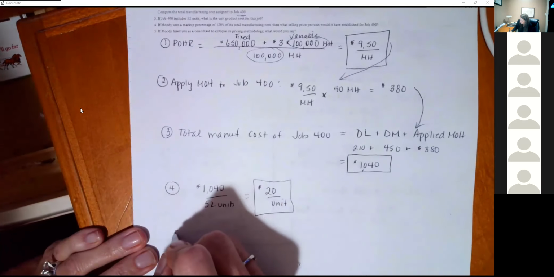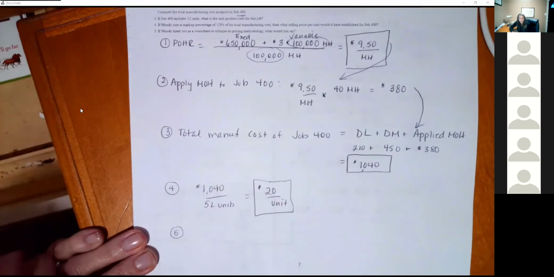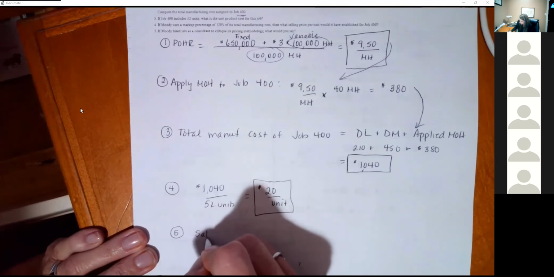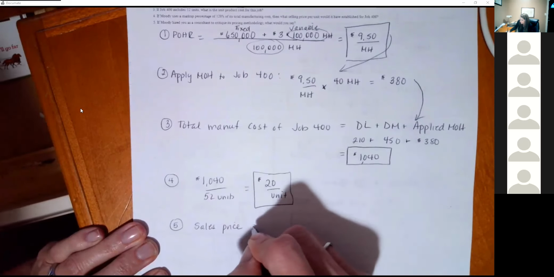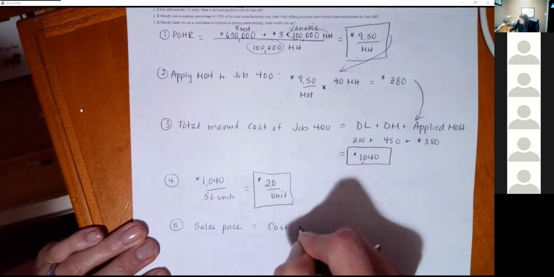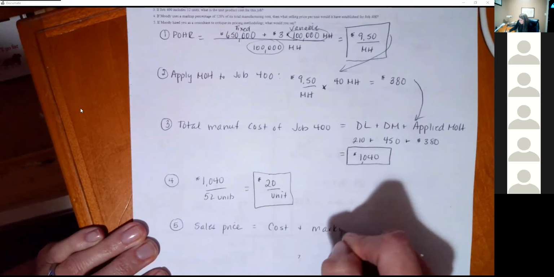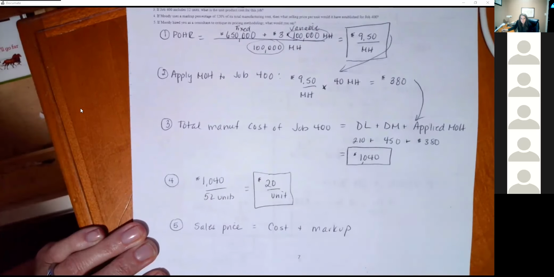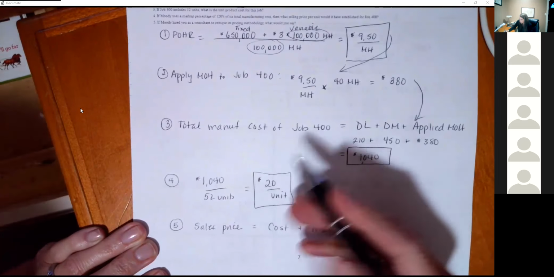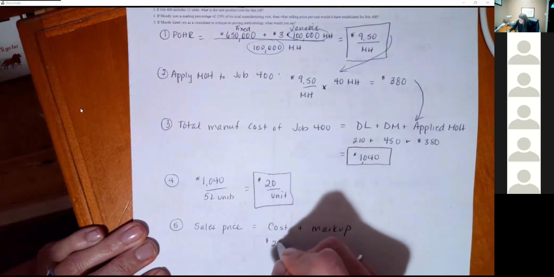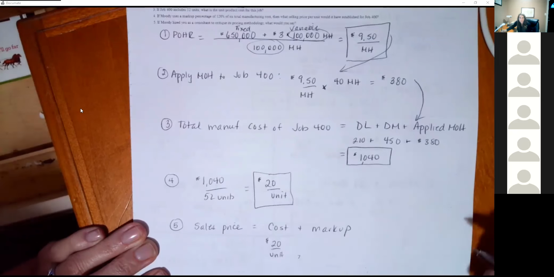Okay, and then step 5 is figuring out the sales price. The sales price is just going to be the cost plus whatever markup we decide on. So we know that it's costing us $20 per unit to make whatever this is.